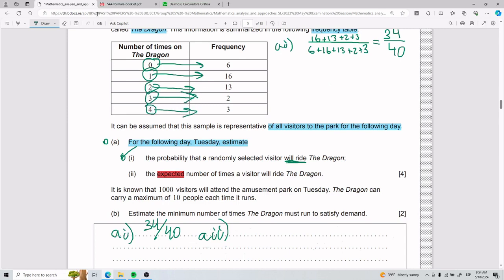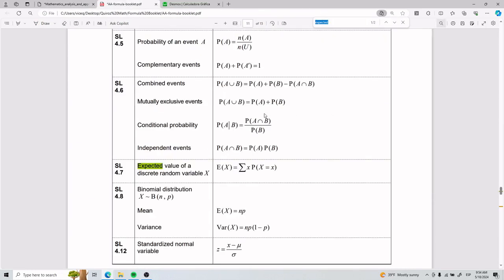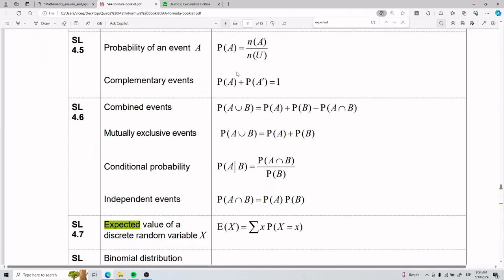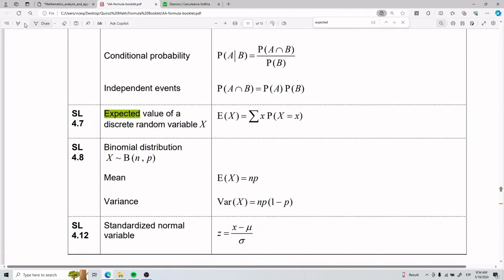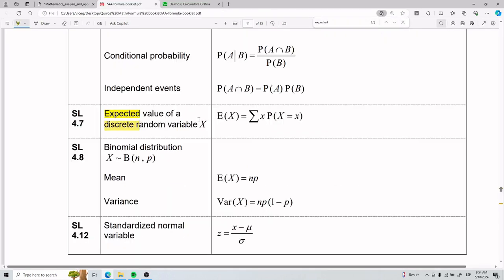How do I know that you need to do this? I know this because it's actually in your formula booklet. In your formula booklet, it says expected value of a discrete random variable X. Discrete is just like a whole number, and here you have a bunch of whole numbers: 1, 2, 3, 4. So that's why you know you can use this.